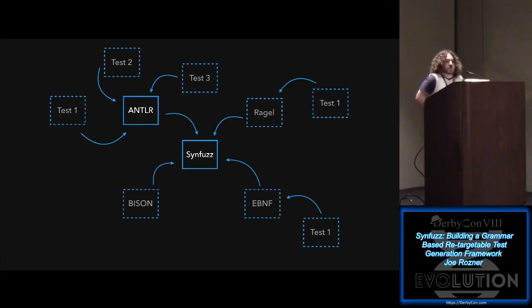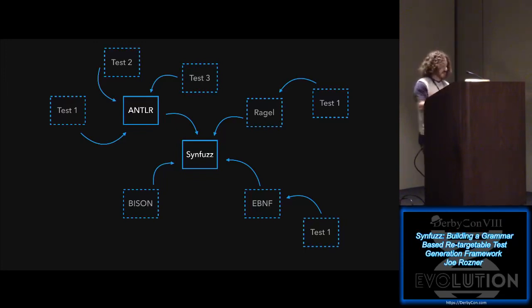So as I said, this has been released since around DEF CON. The architecture ends up looking something like this. At the base, you have Synfuzz, which functions mostly as an intermediate representation. So you build front ends that will recognize individual grammar languages.